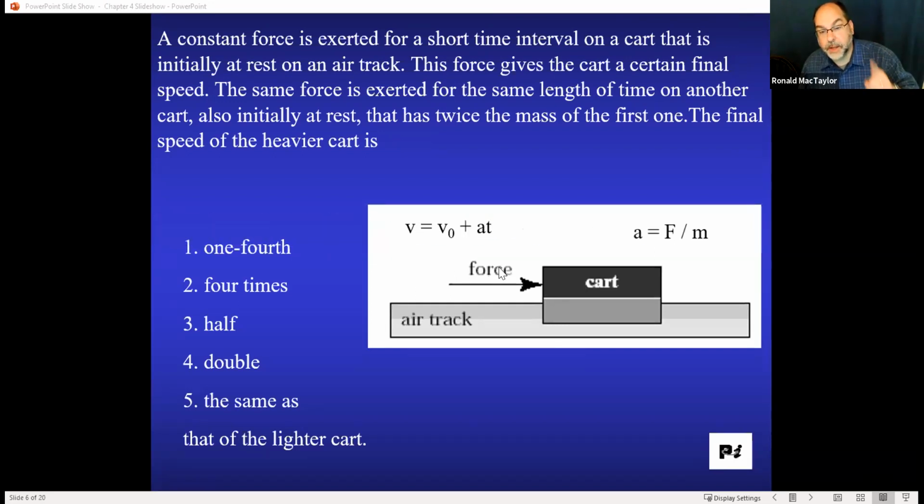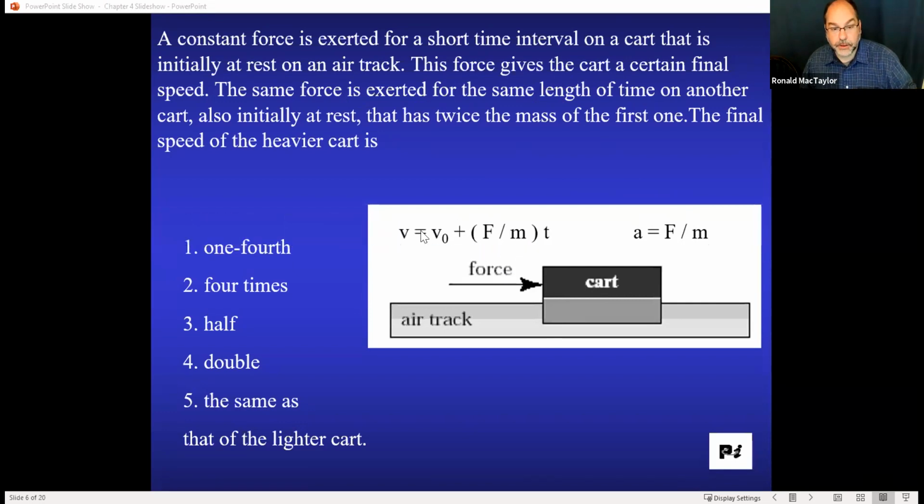Therefore, acceleration equals force over mass, just rearranging Newton's second law. And I know that force was the same for both of these. The same force is exerted, same length of time. But the difference between the two is the mass of the cart.